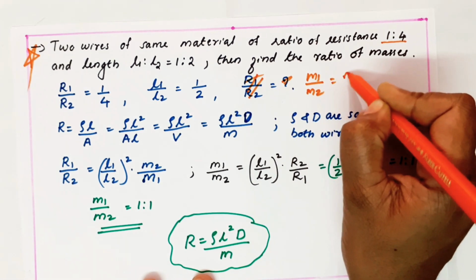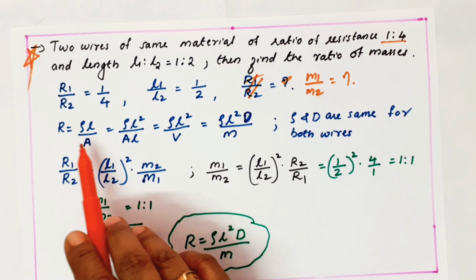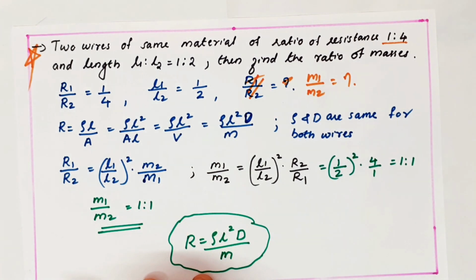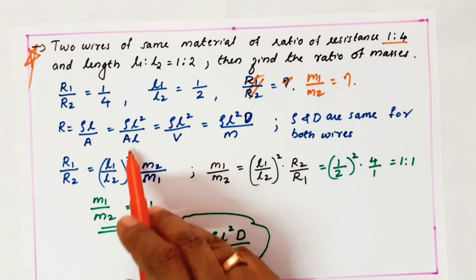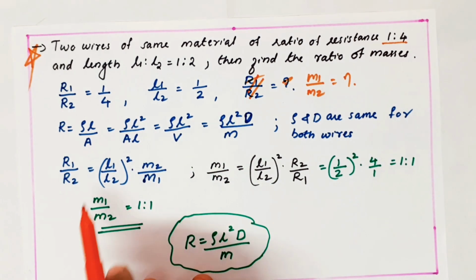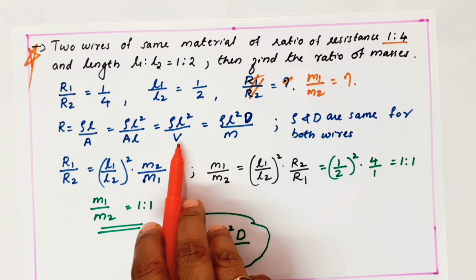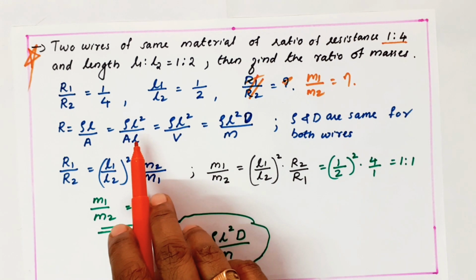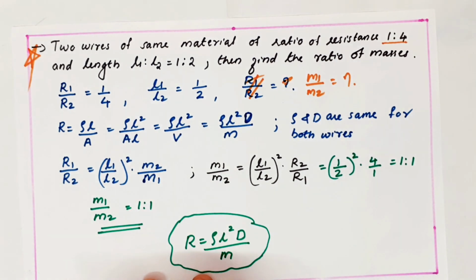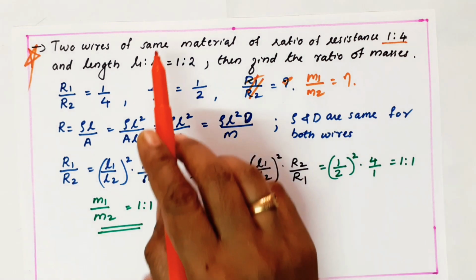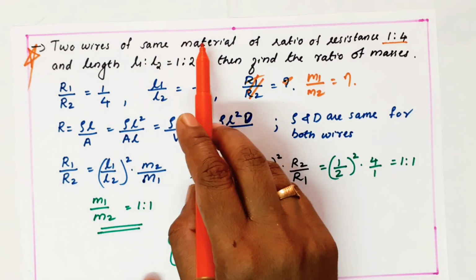M1/M2 we don't know. So I am writing the equation R is equal to rho L by A. We are multiplying both numerator and denominator with L. So rho L square by AL. So rho L square by V. Right? Because area into length is volume. Then you should remember they told the same material.